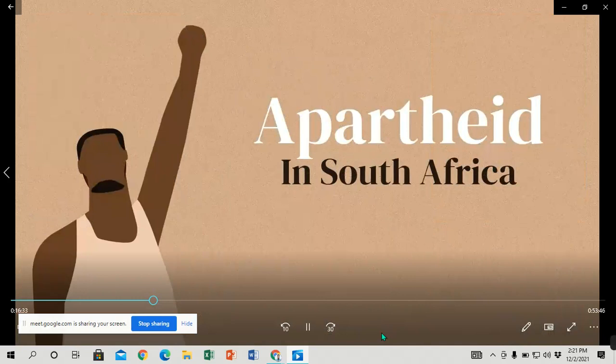Apartheid comes from the Afrikaans language, which means apart, separate, or segregate, anything about tearing apart. That is apartheid. So what happens in this system?